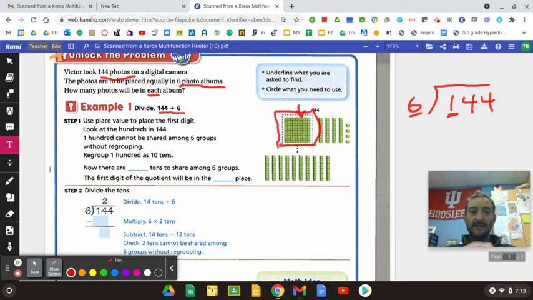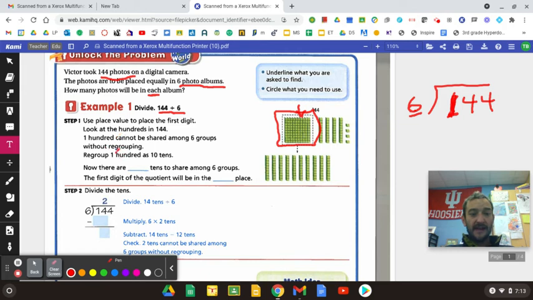But the trick is not breaking it up, because it has to stay in its hundreds form when I'm looking at it from here. So 6 will not go into 100 equally. In order to divide just the hundreds place, not the other places, there would have to be 6 hundreds. 6 of these flats that I can divide. Okay.